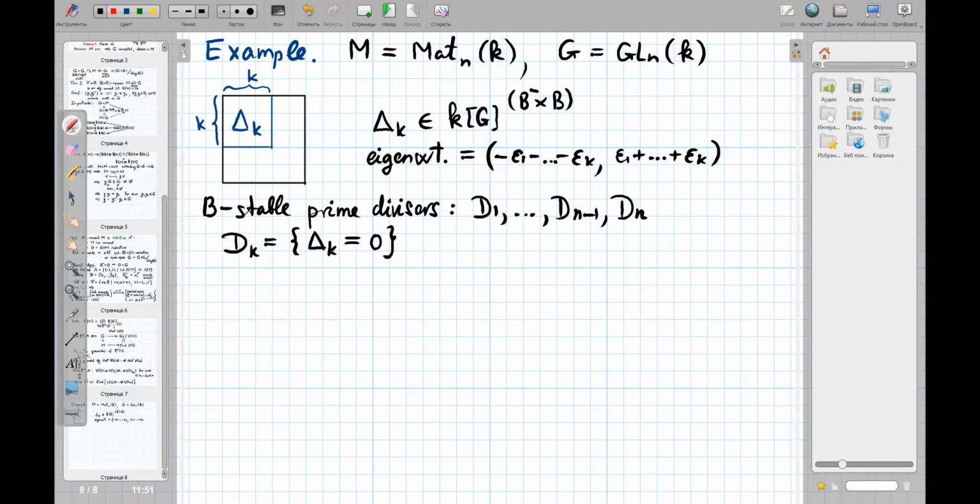So the complement of all these divisors is the big cell in GLN.